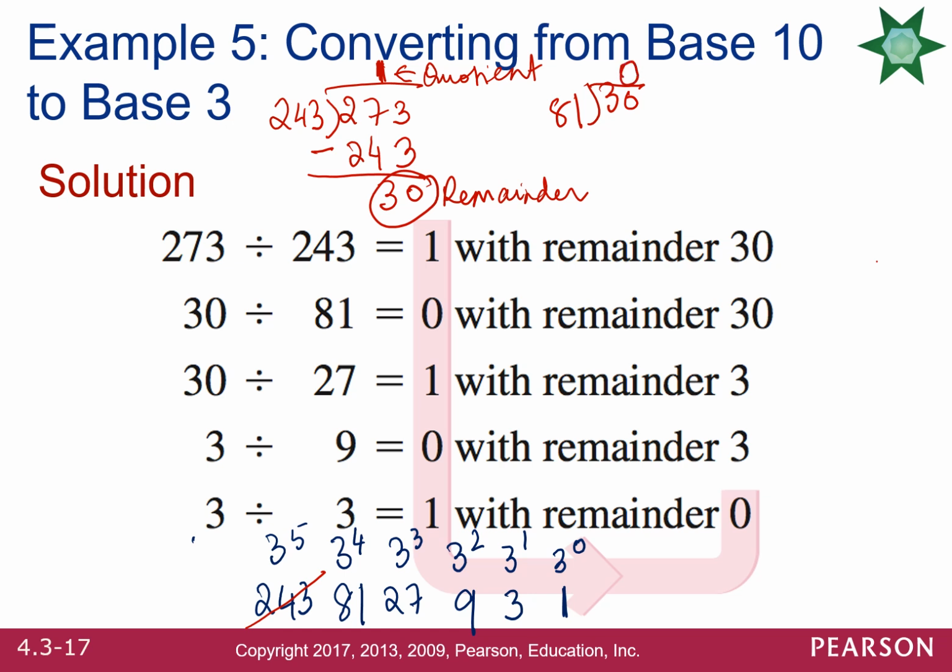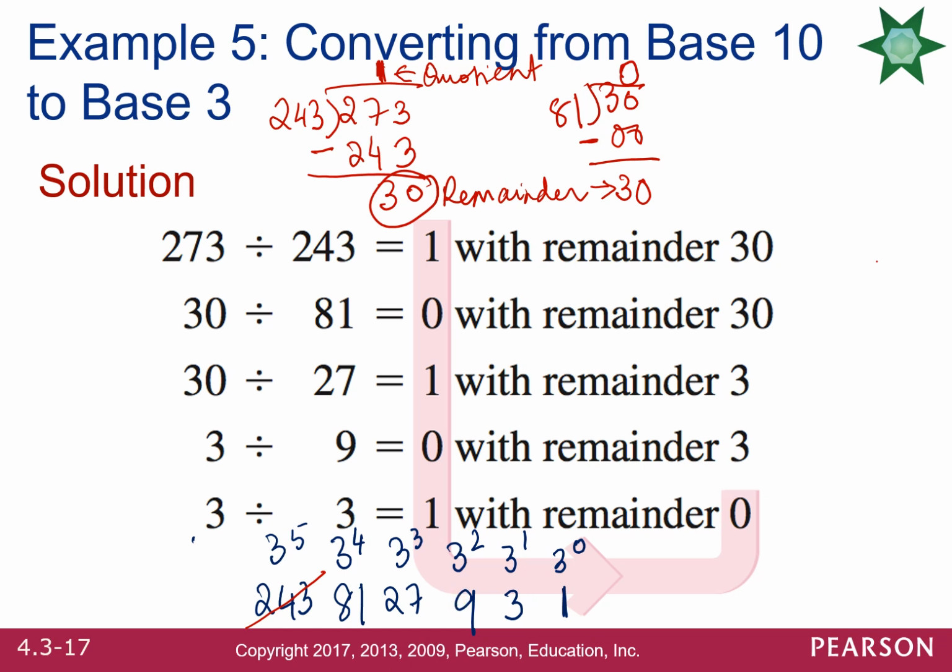So 0 is going to be the quotient. 0 times 81 is 0. So let's write that below the 30, and we are again left with the remainder 30. All right, so quotient is 0, remainder is 30. The way we write it is 30 divided by 81 is 0 with remainder 30. So we have to continue with the process of division. Take this 30 now and divide it by the next positional value.